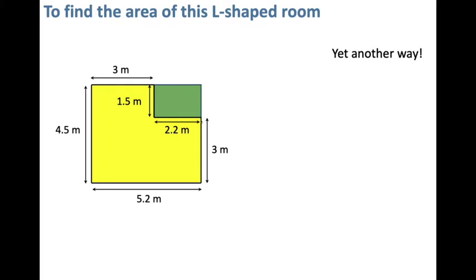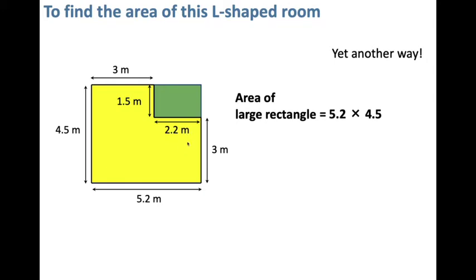It turns into a rectangle. So it's easy to calculate the area of the rectangle. You forget what's inside, all you simply do is 5.2 by 4.5. So area of the rectangle is 5.2 by 4.5. This distance by that distance is the area of the entire rectangle.